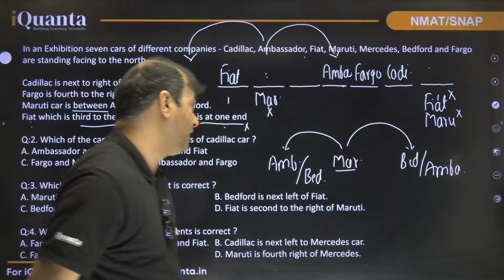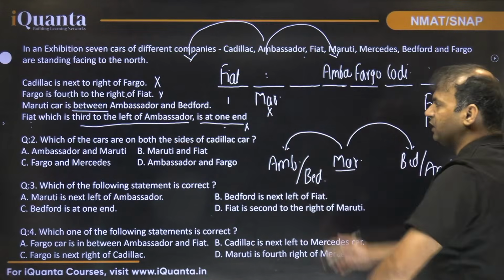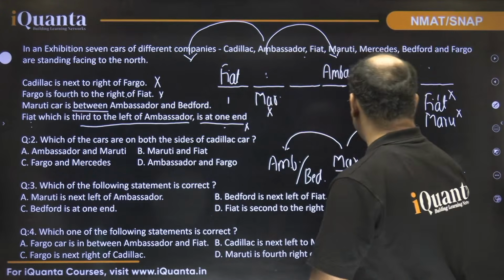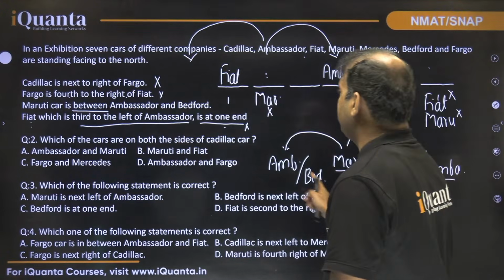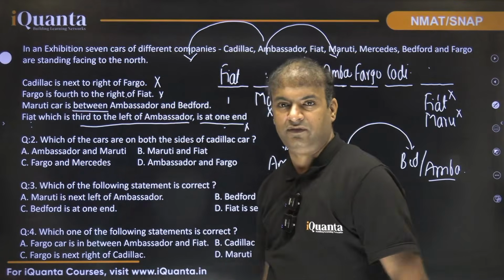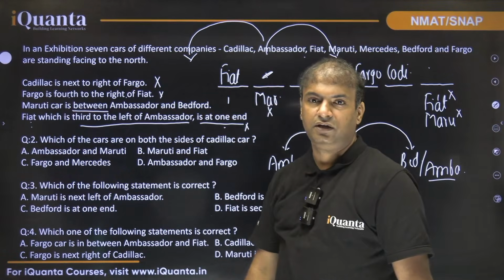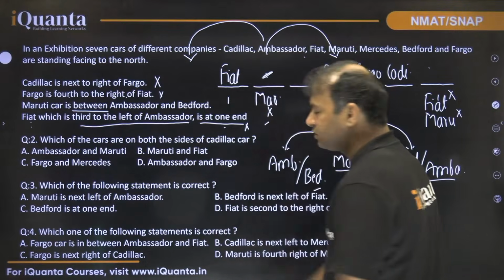Hope this is clear, guys. This is very important to understand: if Maruti is here, then Ambassador is definitely to the right of Maruti, but Bedford cannot be to the left because there is no empty place left to the left of Maruti. So Maruti just can't be here because of these reasons.